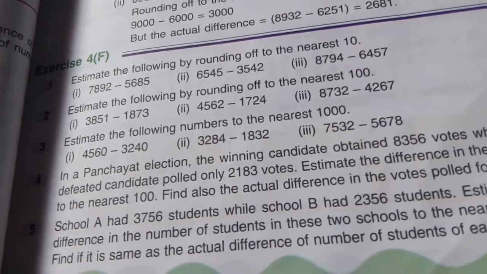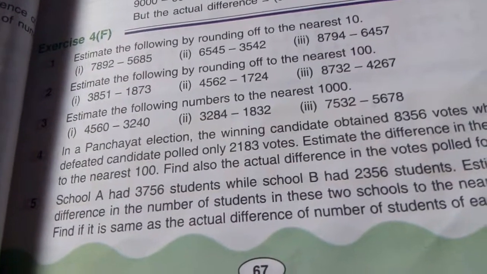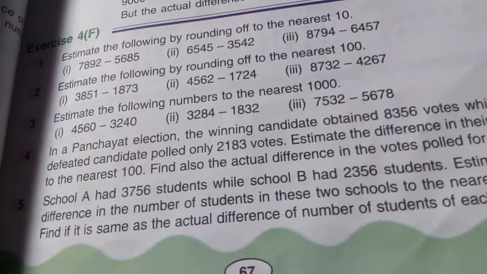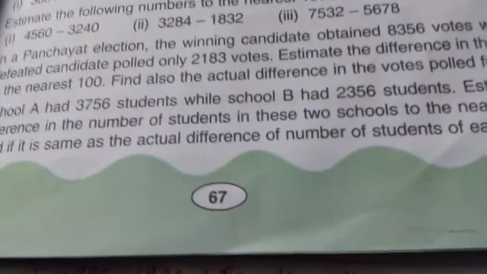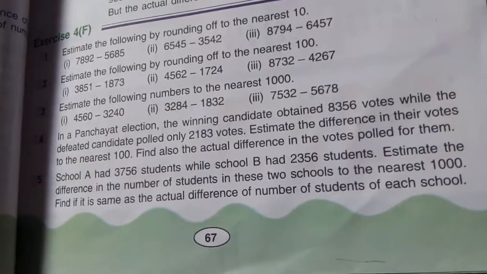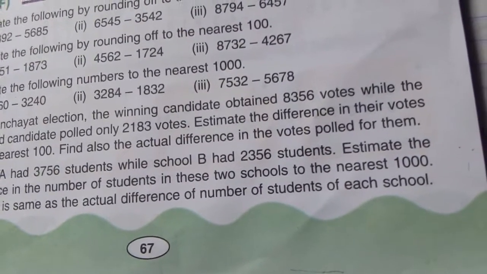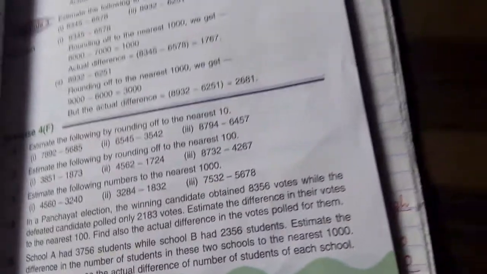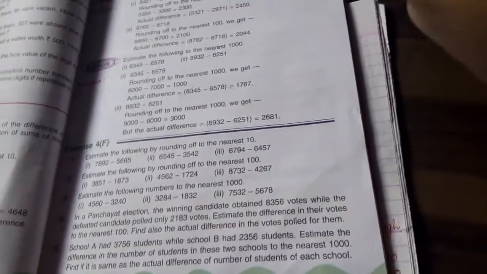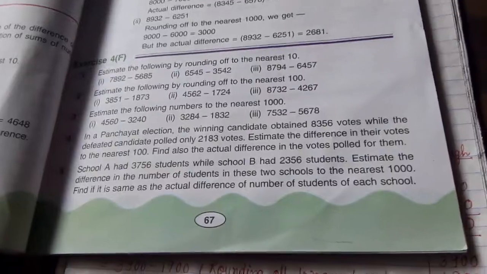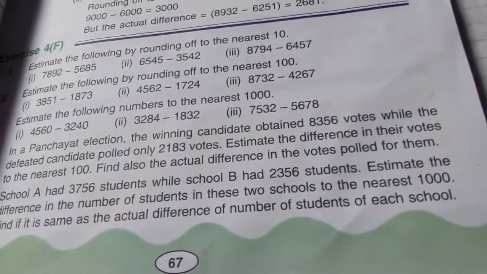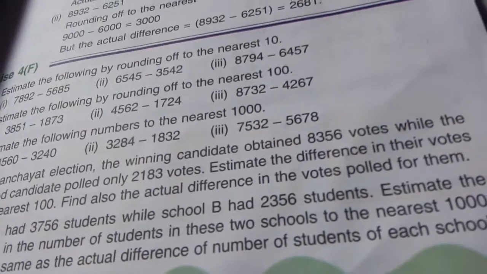Now question number 4. In a panchayat election, so we are familiar with election. So in election or during election, voting is there. So the winning candidate obtained 8,356 votes, while the defeated candidate polled only 2,183. So there were two candidates, one was winning and one was defeated.